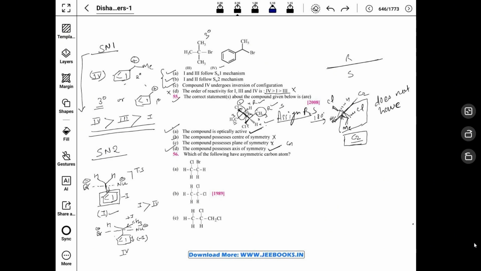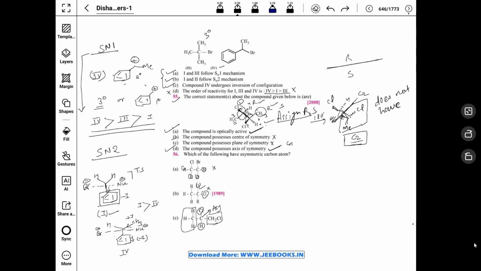Now moving to 56, which of the following has an asymmetric carbon atom? So this is a very simple question. You can see that this carbon has hydrogen and hydrogen, this is also hydrogen and hydrogen, so there is no asymmetric carbon. In this case there are two chloro, so this is also not an asymmetric carbon. In this case, one is hydrogen, another is chloro, third is this functional group, and then methyl, so this is asymmetric.